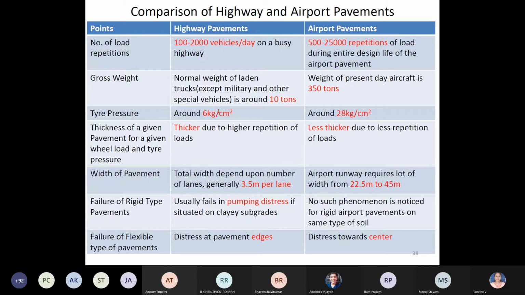So in a highway pavement the load repetitions are more, the number of vehicles is very high.